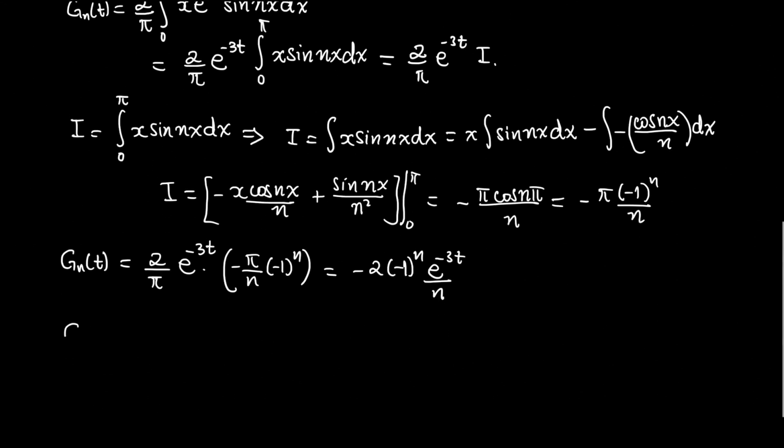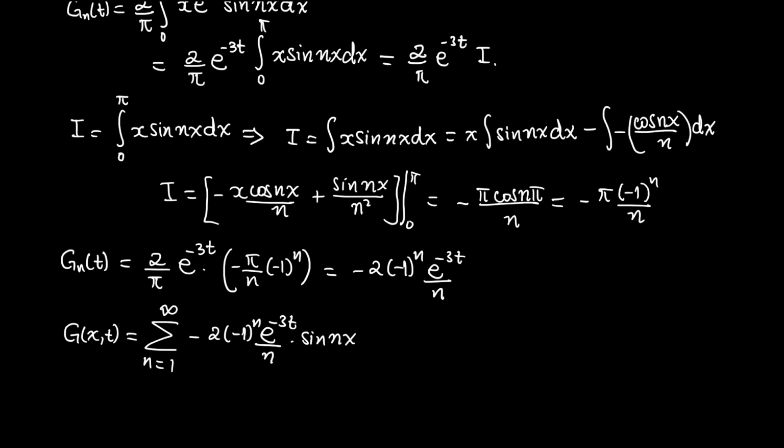That means the g(x,t) function is the summation, n from 1 to infinity, of g_n(t), which is just minus 2 (-1)^n e^(-3t) over n, all of these times sin(nx).